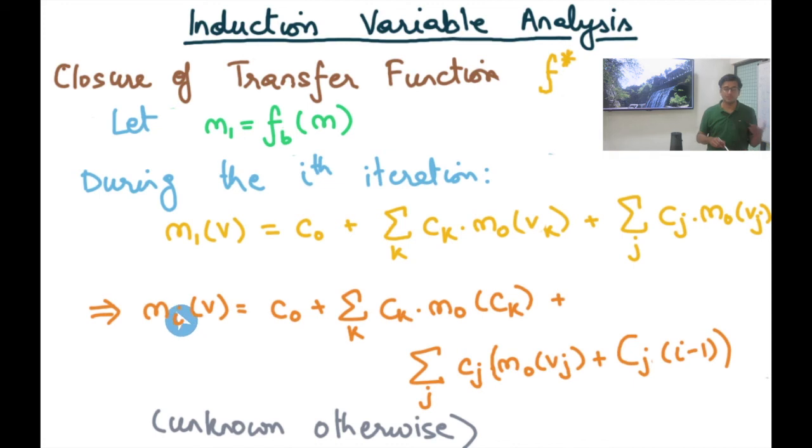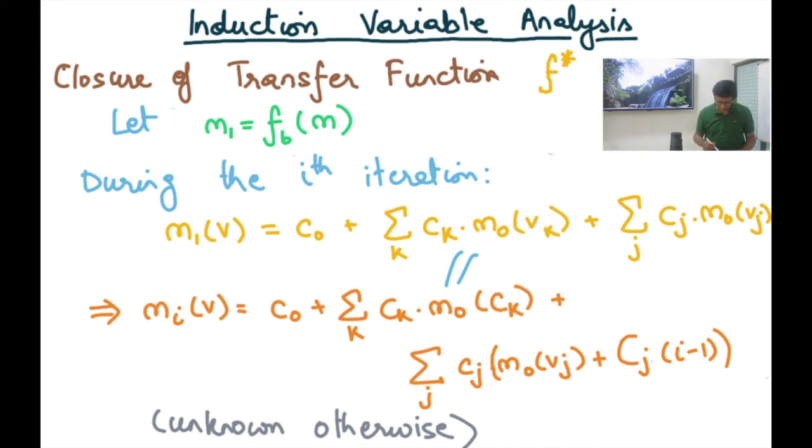then I can use this to compute a summary transfer function for the entire loop, using m_i, which is after i iterations of the loop. It's going to be c0 plus summation over k of ck m0 vk. This part remains identical because the vk's, recall, are the loop invariant variables.